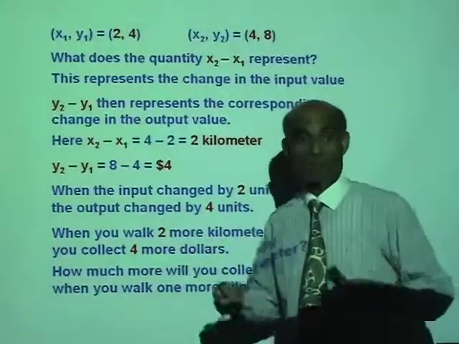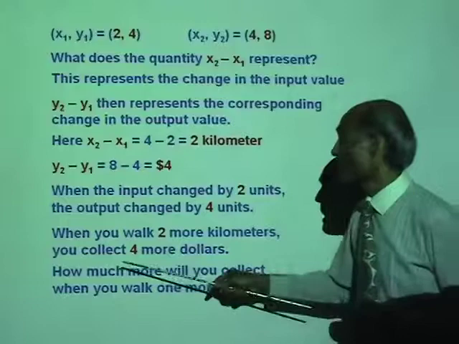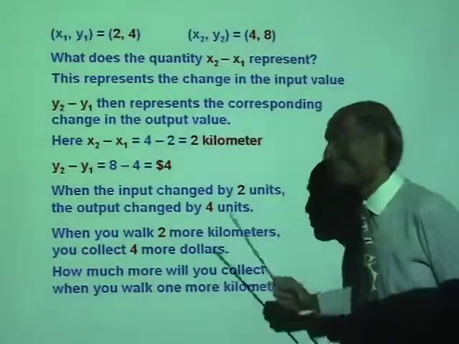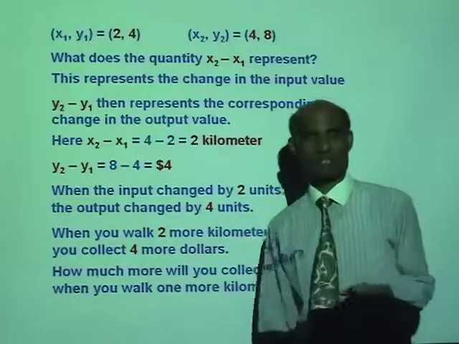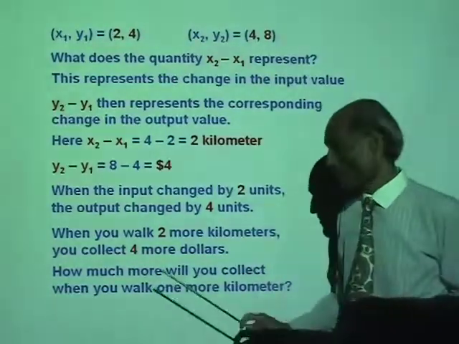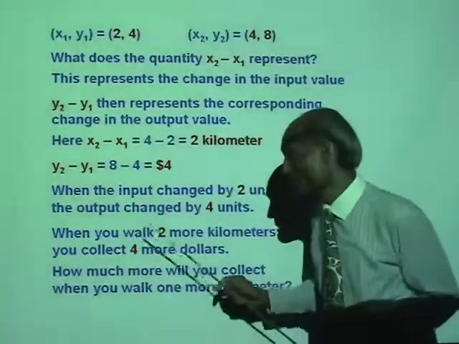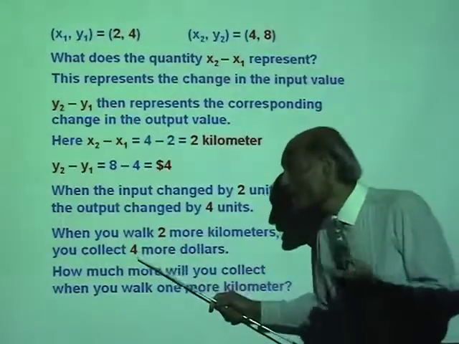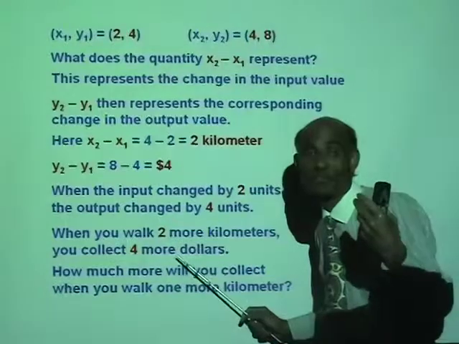Alright, let's now put this in perspective. How much more will you collect when you walk 1 more kilometer? You see? How much more will you collect? When you walk 2 more kilometers, you collected $4 more.